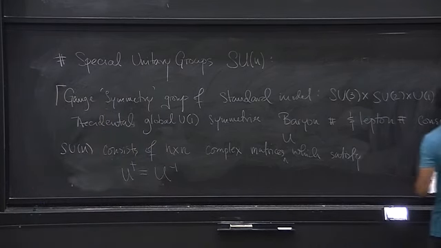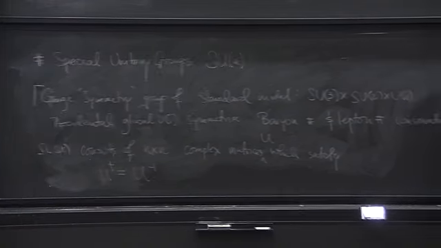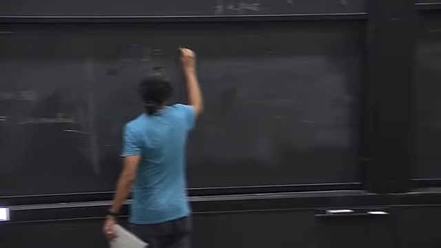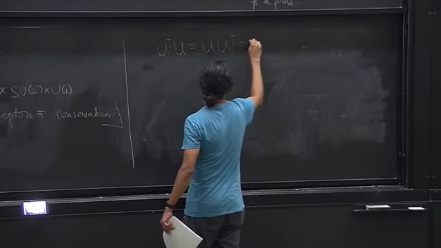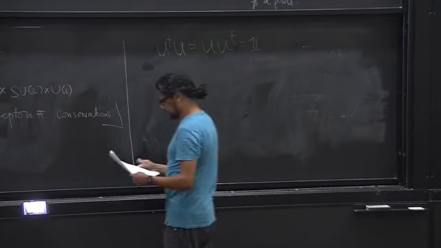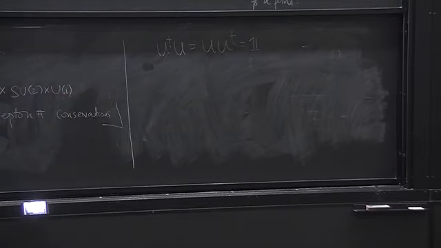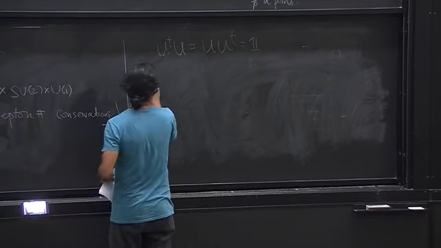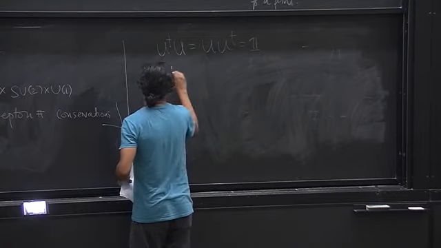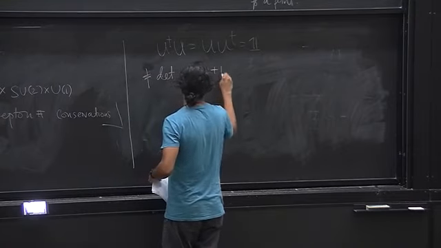You can also write this as U dagger U equals 1. And the determinant of U is +1.